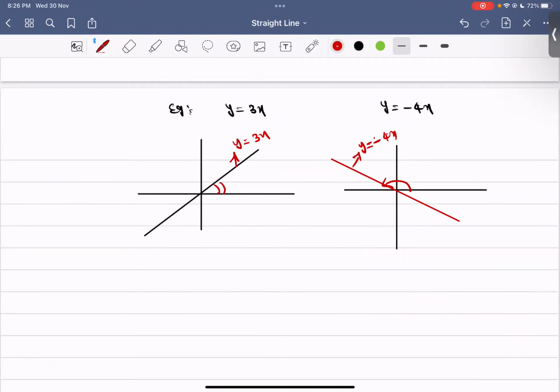Next form, form number 2. This was the slope intercept form. Next, form number 2 is the two intercept form, or intercept form.